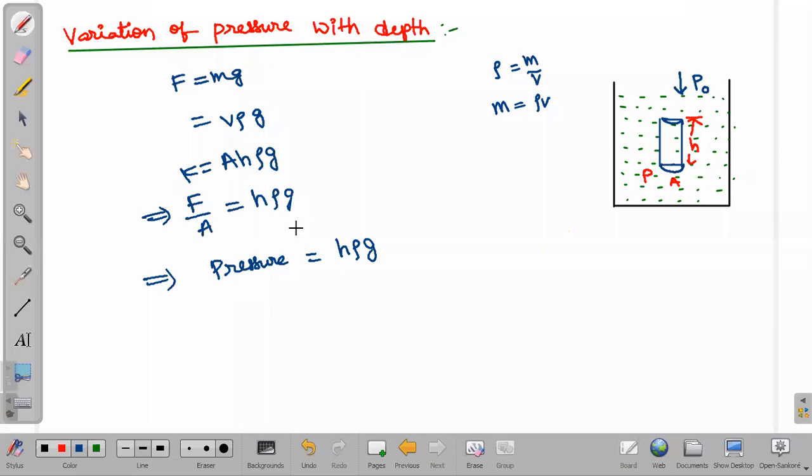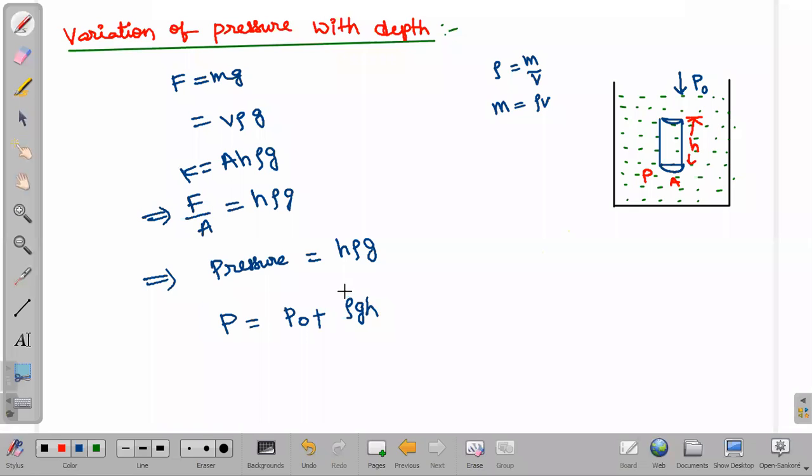That pressure expression is rho g h, and atmospheric pressure also acts on this. So two pressures act on that liquid. So the total pressure we write as P naught plus rho g h.